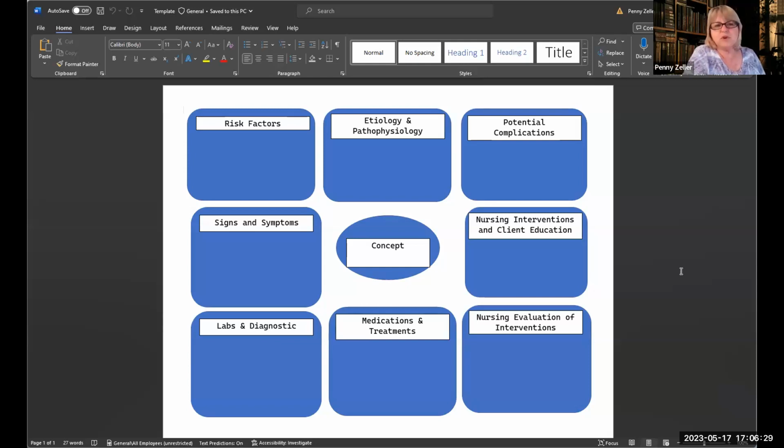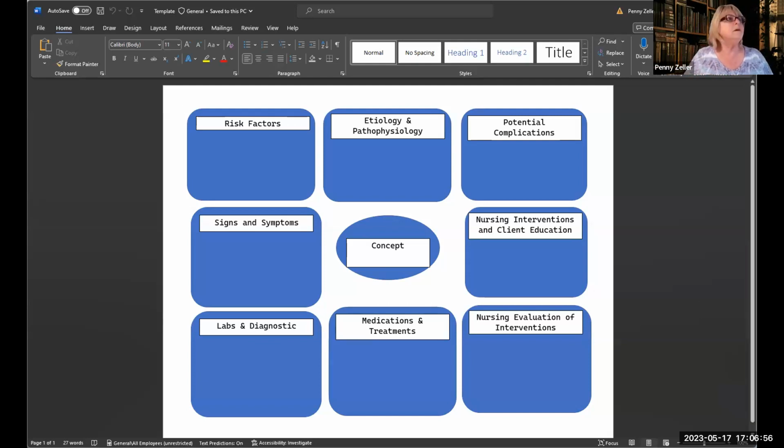There's different kinds, but it's the same idea that you put the concept in the middle. You think about the risk factors and what you would see as a nurse if you suspected the concept is occurring. What kind of labs and diagnostics would reinforce your suspicion? And then possible etiology, pathophysiology, if you're interested in that.